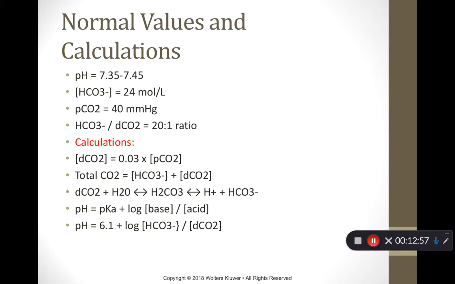And the regular calculation is pH equals 6.1 plus the log of bicarbonate over dissolved CO2. So bicarbonate is always the numerator, and dissolved CO2 is the denominator.